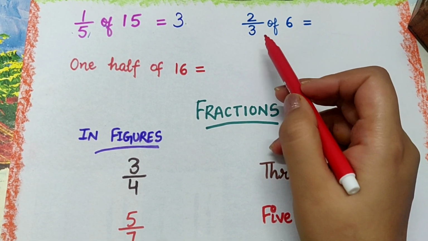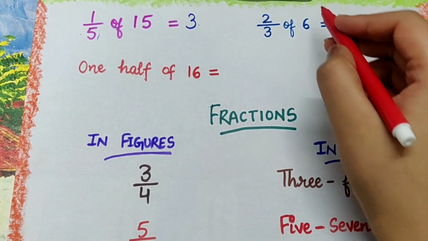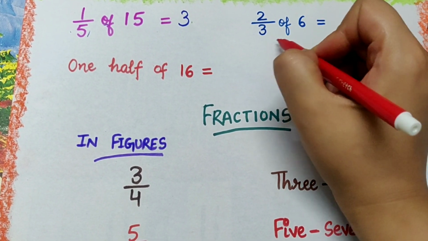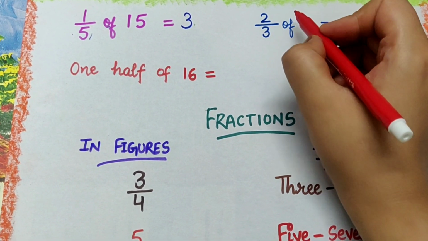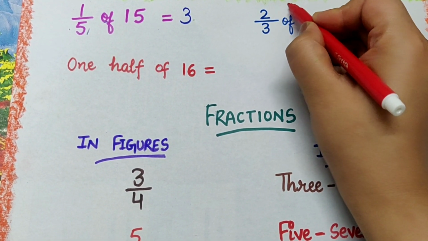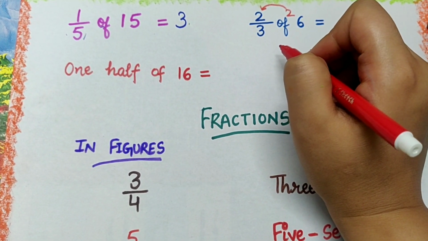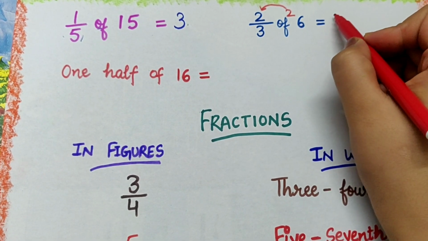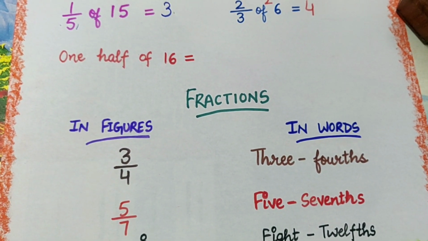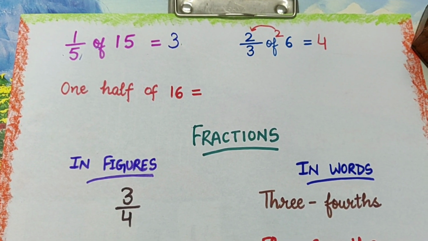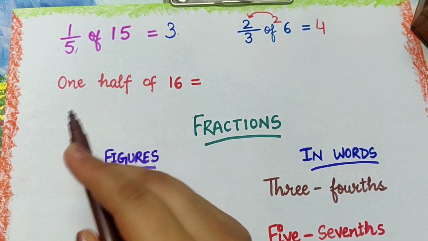Now after getting this, you need to multiply that 2 by 2. Like 3 2s are 6. So 2 multiplied by 2, that 2 you have to multiply by this number that is on numerator. So 2 multiplied by 2 equals 4. Now what will you do in this type of question? Like 1/2 of 16.